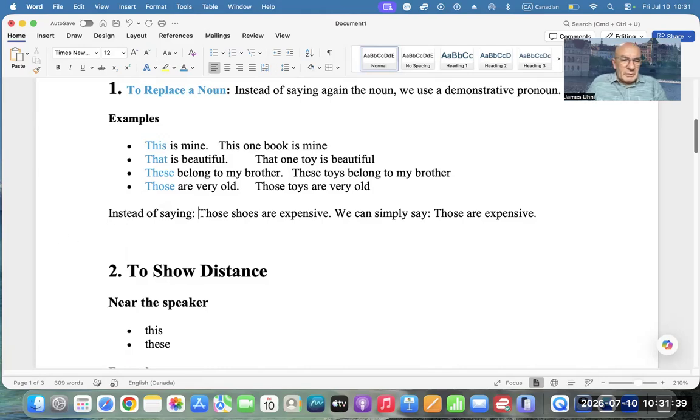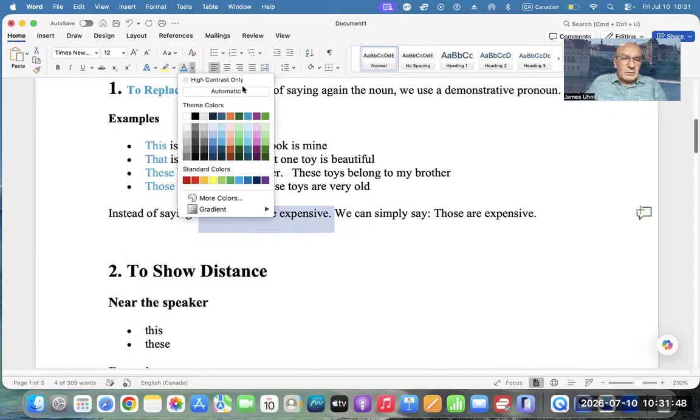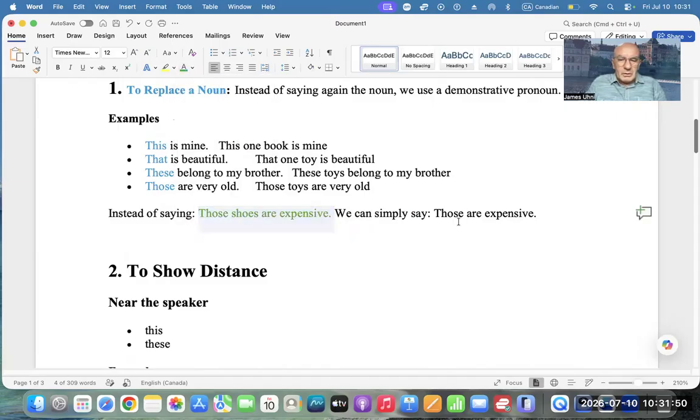Instead of saying those shoes are expensive, I will use green color. We can say simply, those are expensive, if we are looking at the shoes. If we are looking at coats, we have to say those coats.